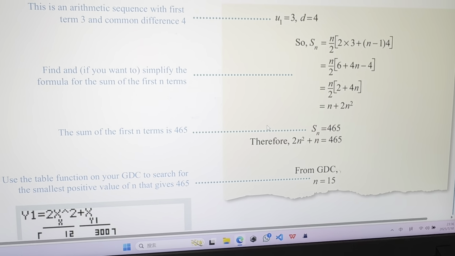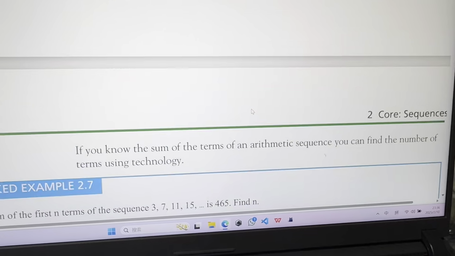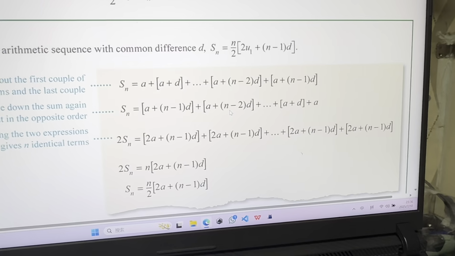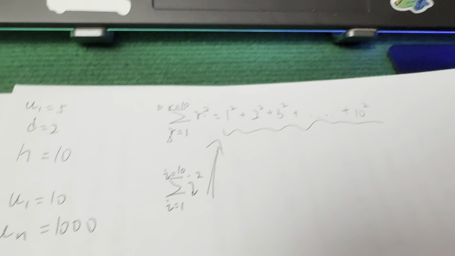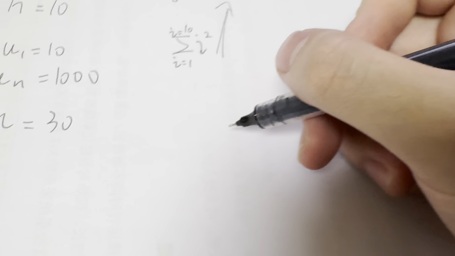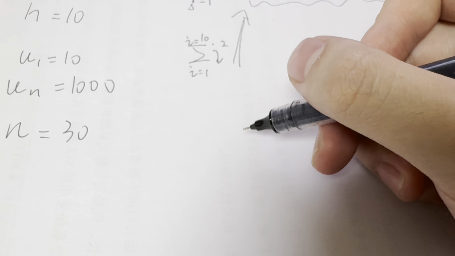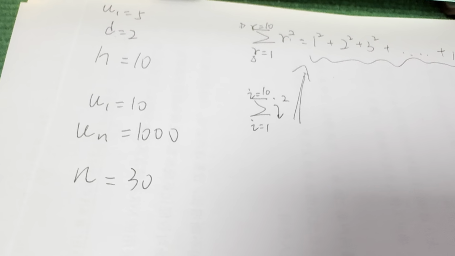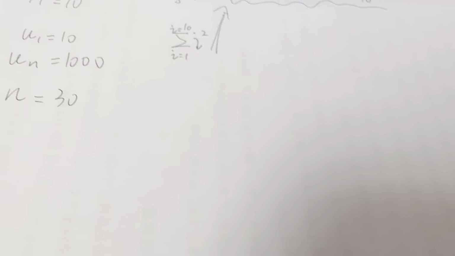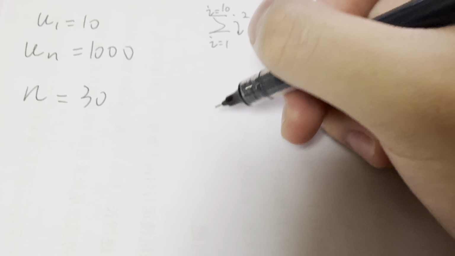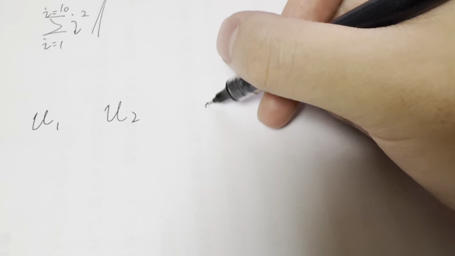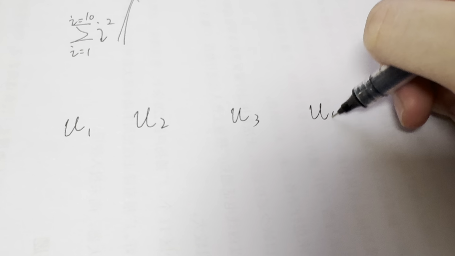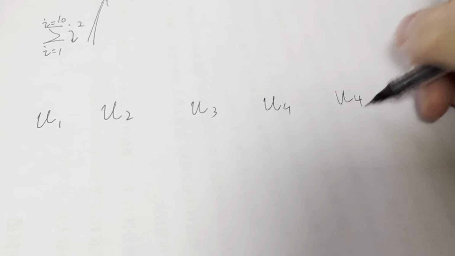arithmetic sequence. So actually, for the second formula for series, we have something special. How to do that? Actually, we can guess. Okay, I want to show you guys something. U1, U2, U3, U4, U5.